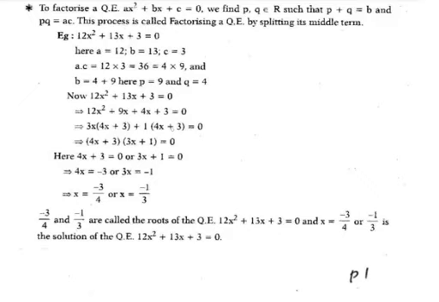So take the common 4x plus 3, and we will get 3x plus 1 equal to 0. Hence 4x plus 3 equal to 0, or 3x plus 1 equal to 0, and the product of these two factors equal to 0.